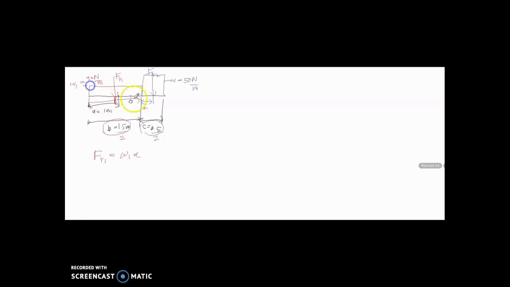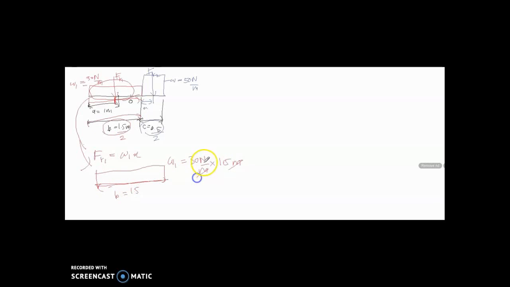So your W1 is equal to 30 Newton per meter, multiplied by the distance along the distributed load, which is B, equal to 1.5, so multiply by 1.5 meter.